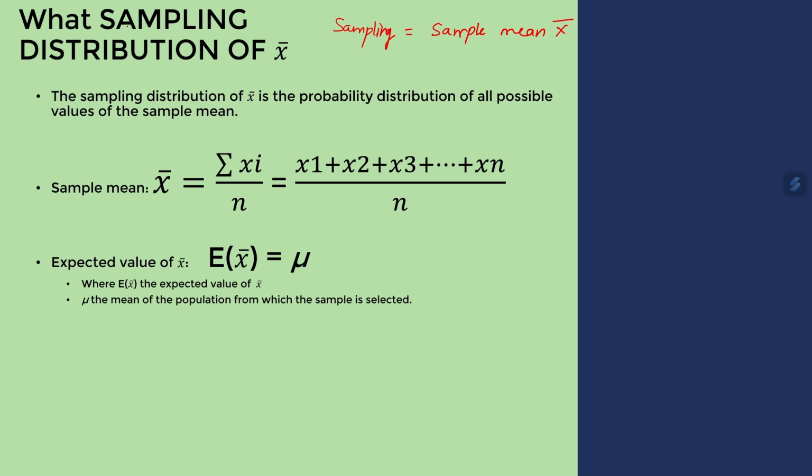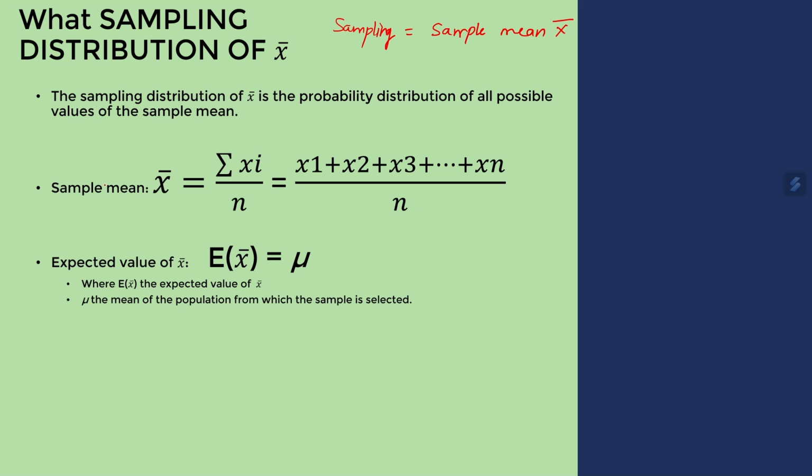So what we are going to do is take the sampling distribution of x bar only, and we will calculate the probabilities within the sample mean only.